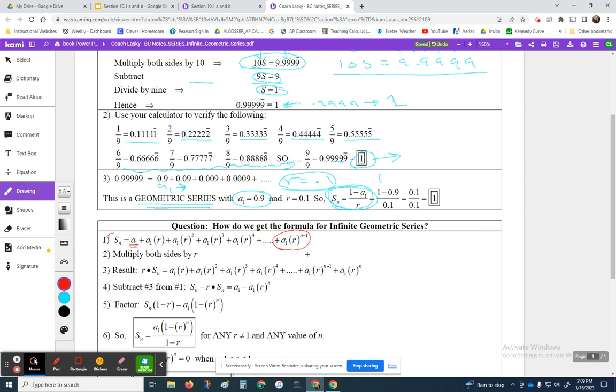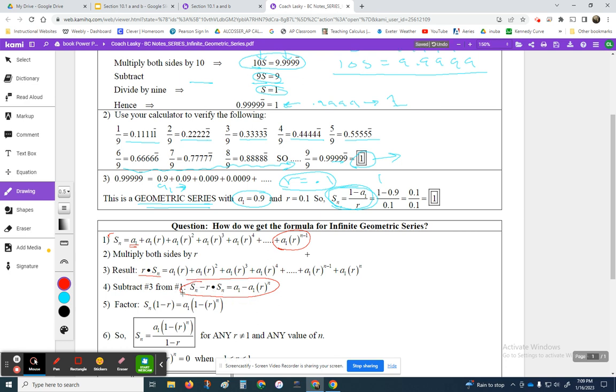We're going to get this extra piece here. We're going to get R times the series, and then we got all this whole big piece times the R one more time times the series of n. So when you do that and you subtract 3 from 1 like we did up here, we're going to get everything to cancel out except these right here.